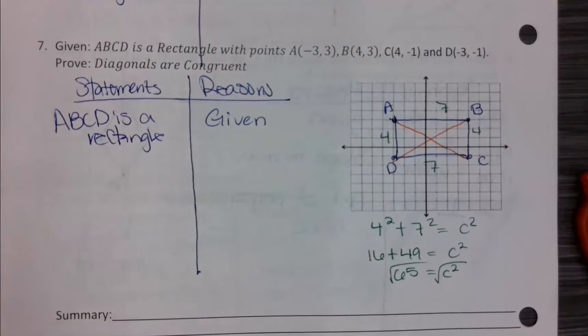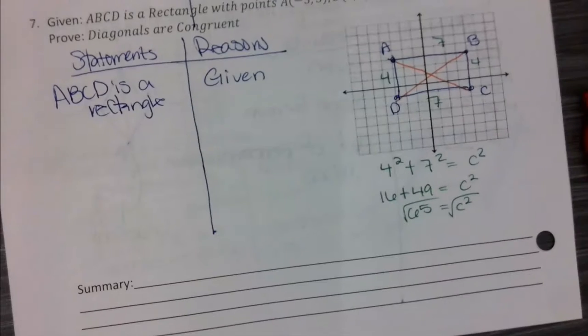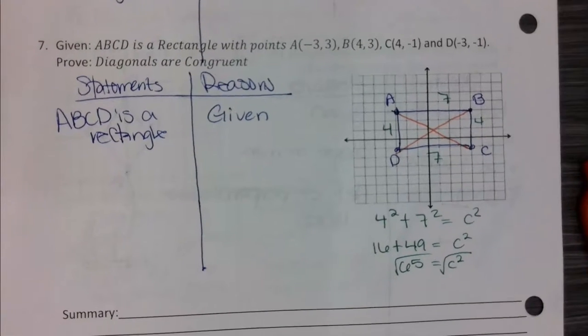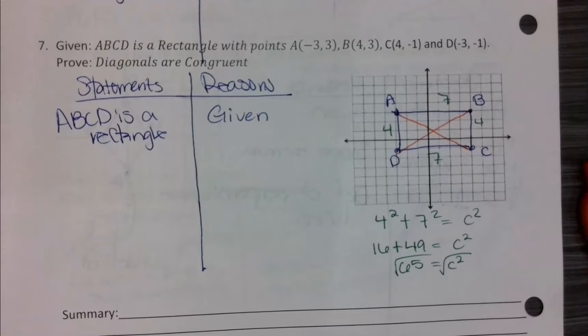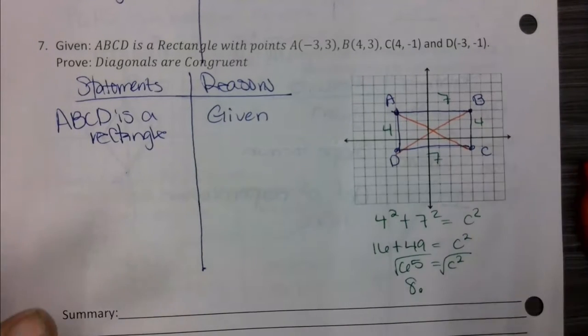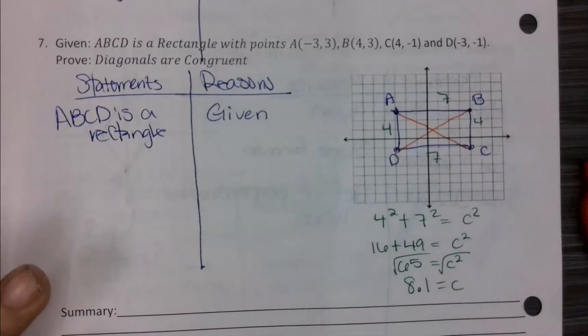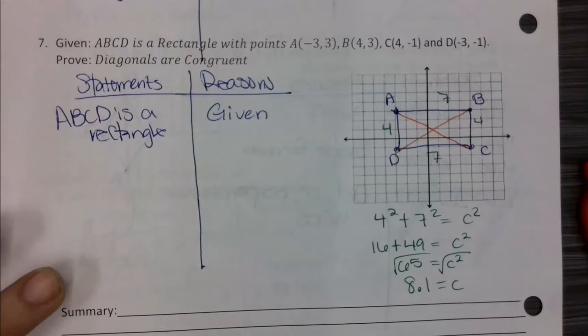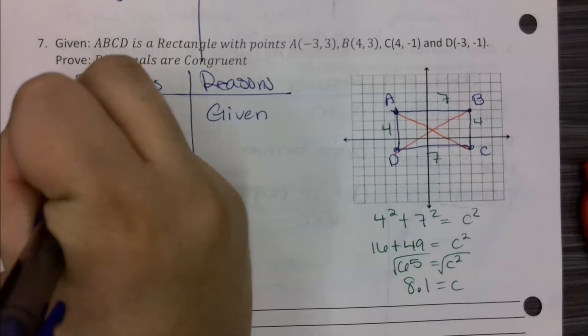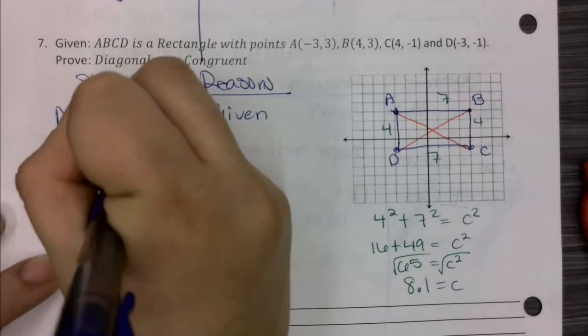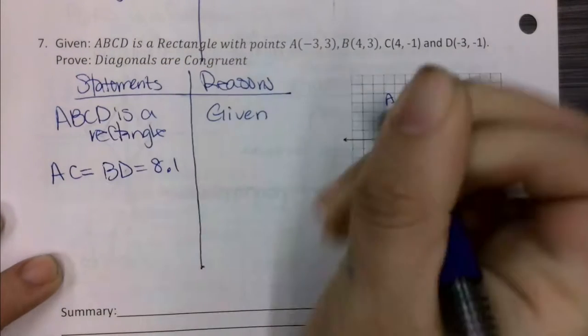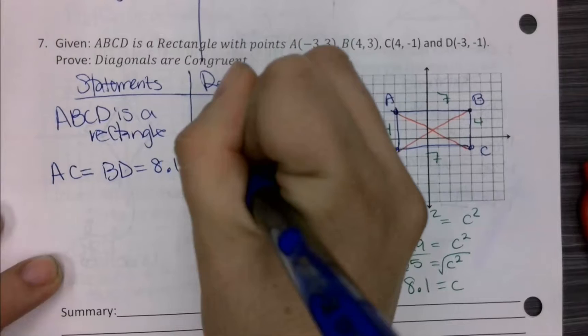That's why I was checking my phone. 8.06, so 8.1 is fine if I round. Okay, so then I could say AC equals BD equals 8.1 by the distance formula.